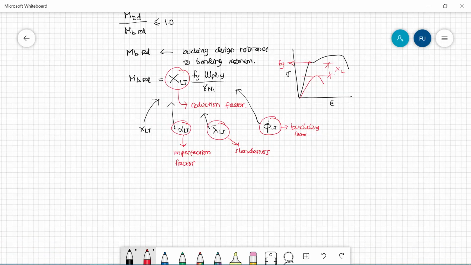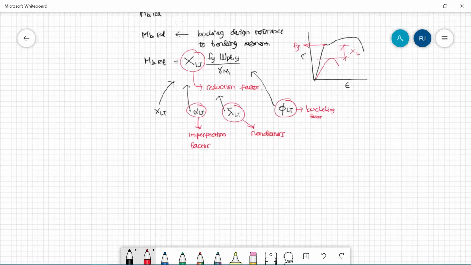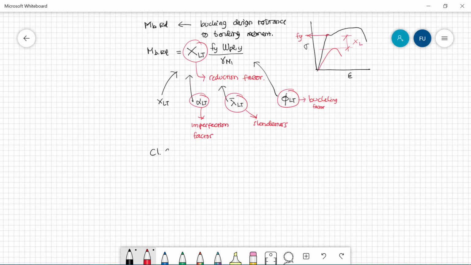All these factors can be found in clause 6.3.2.3 of Eurocode 3 Part 1.1.